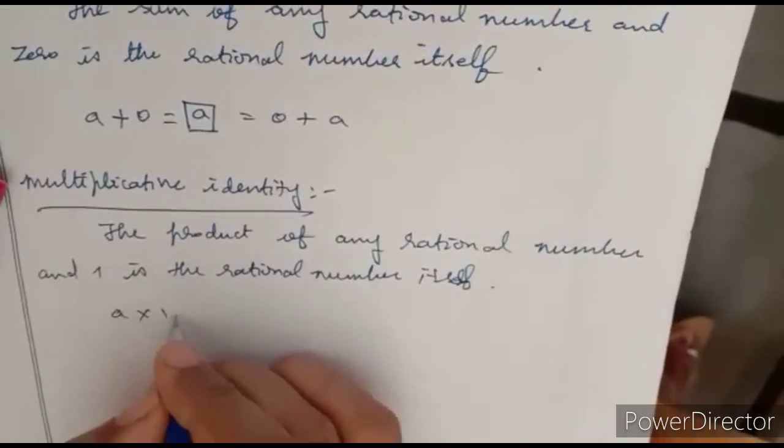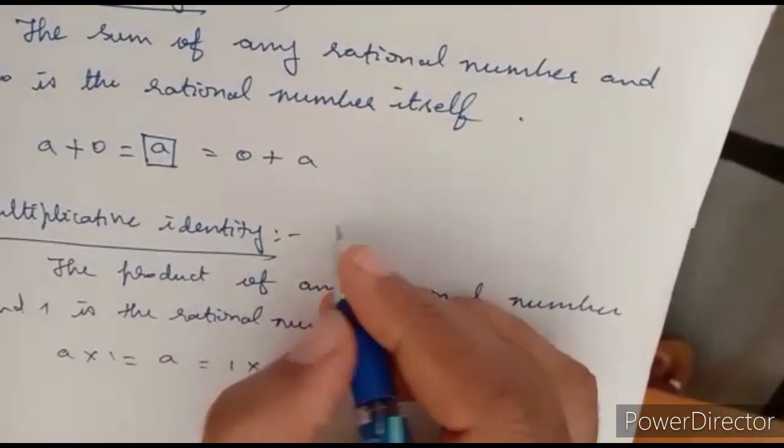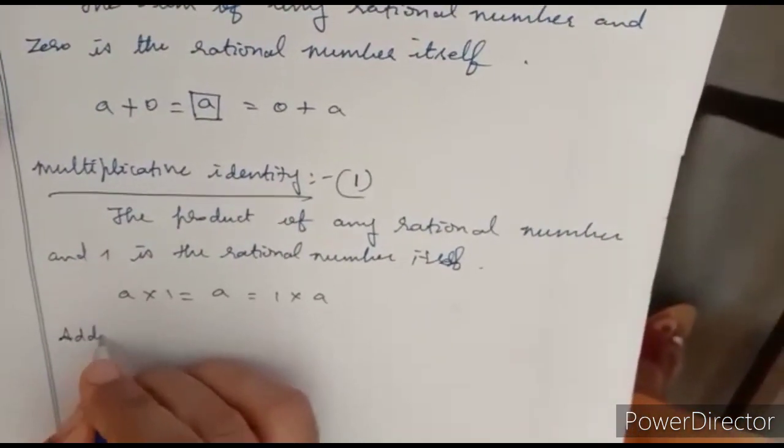Therefore, a into 1 is equal to a, which is equal to 1 into a. Multiplicative identity is 1.